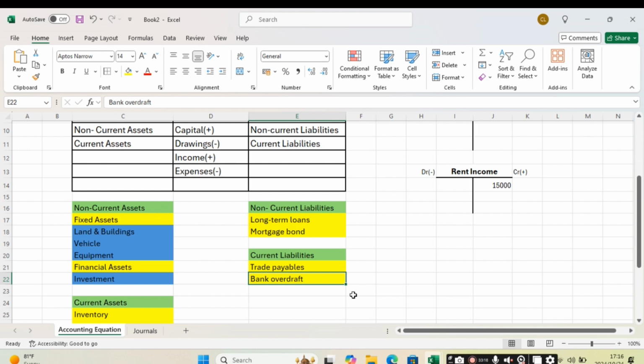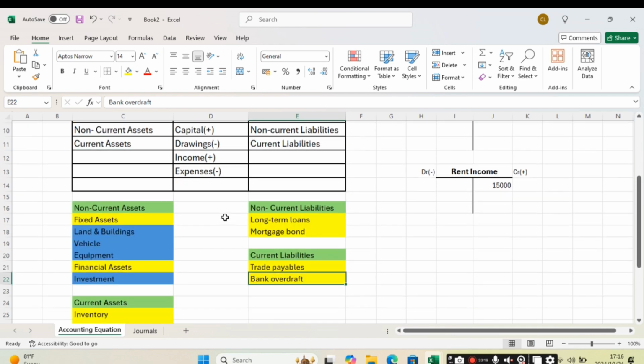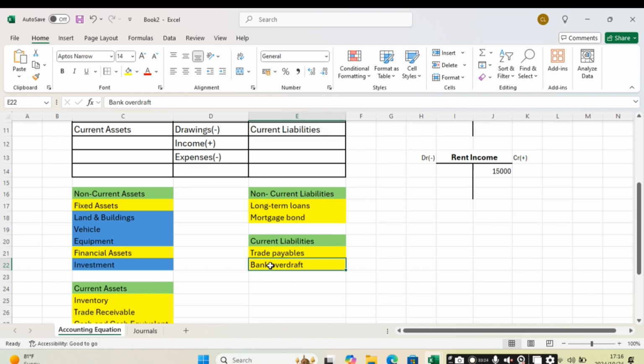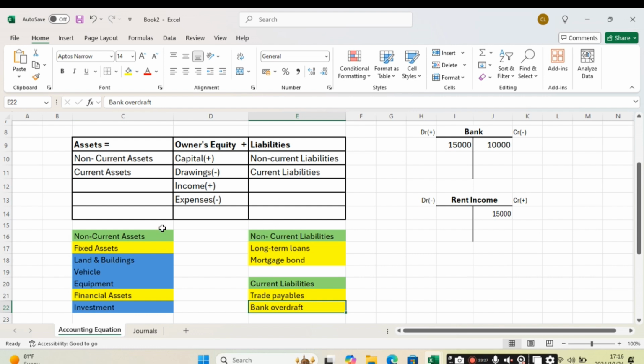So that's pretty much it concerning our accounting equation. We are already on 33 minutes, so I won't be making any examples concerning this, but I will be making another video doing a question paper which speaks about our accounting equation.